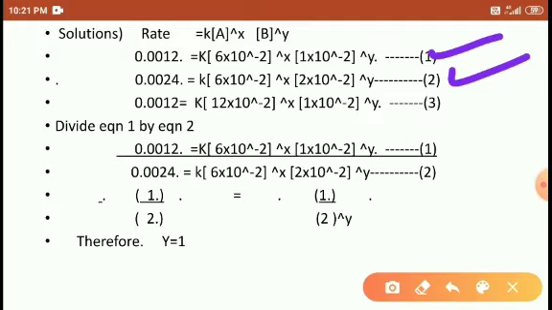Look here, equation 1 is written over here and equation 2 is there.